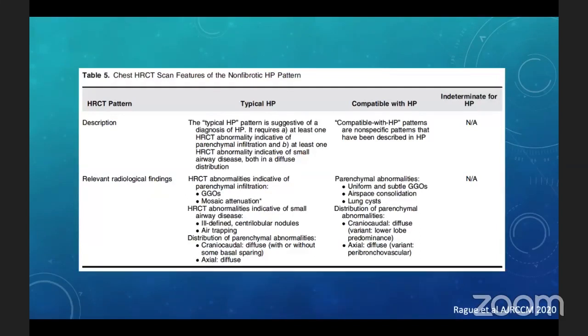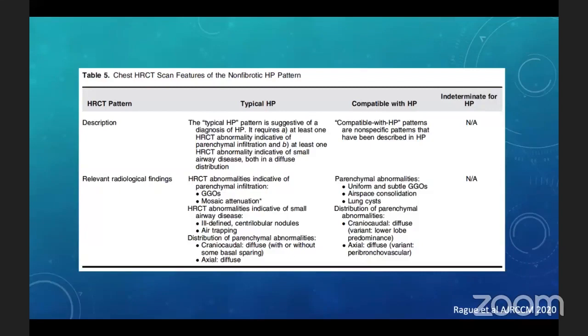So there are two tables in the classification system for hypersensitivity pneumonitis according to the ATS 2020 guidelines. As we said, most importantly, classify it according to the presence of fibrosis, so non-fibrotic and fibrotic. The non-fibrotic category and the fibrotic will have the two major subclassifications, which are the typical pattern and the compatible pattern.